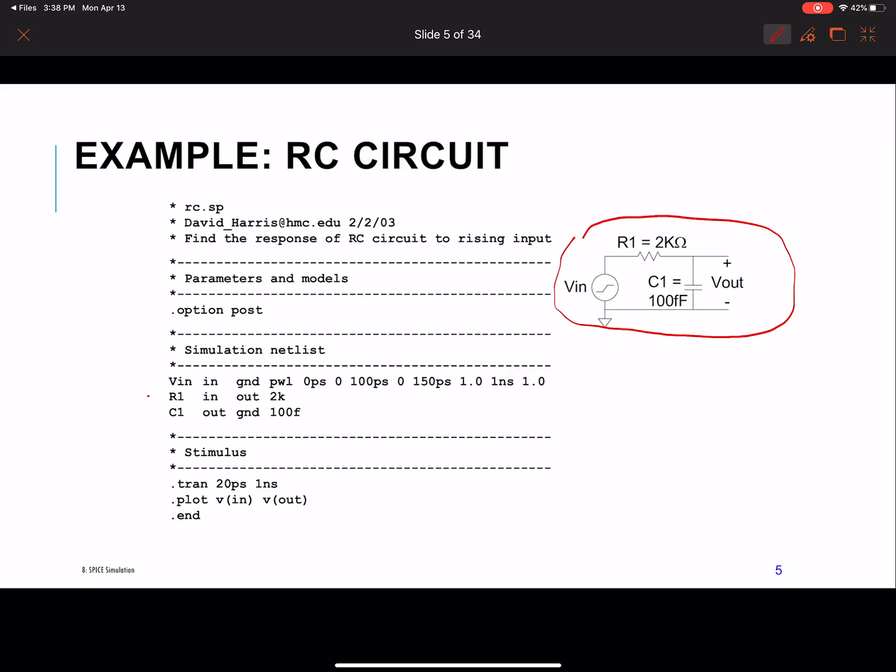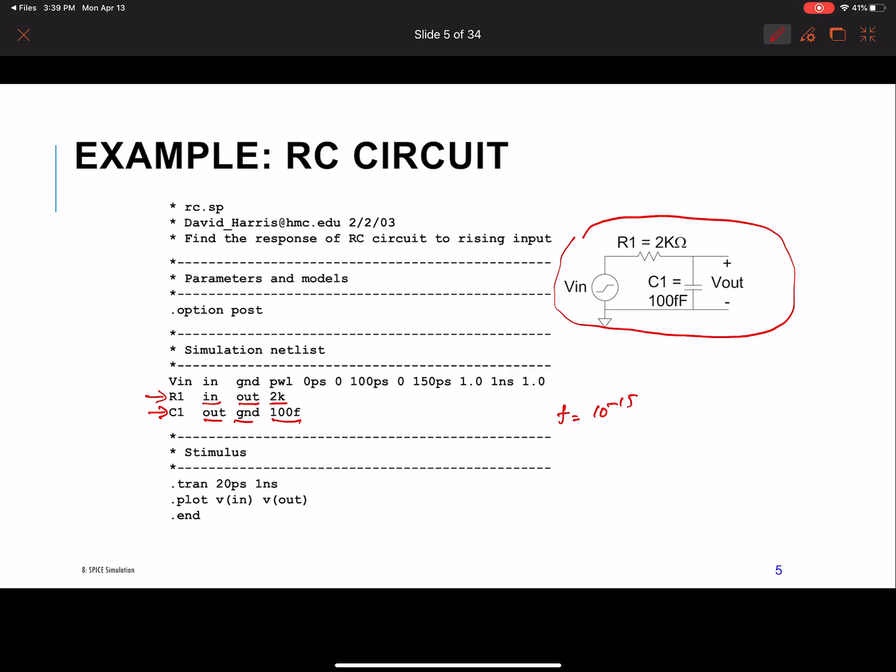Here's the resistor. Notice it has 2 nodes and a resistor value, and the capacitor has 2 nodes and a capacitance value. K is 1000, and F is femto, 10 to the minus 15, which you see a lot in on-chip simulations.